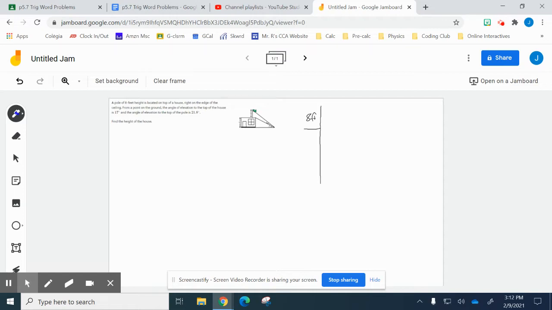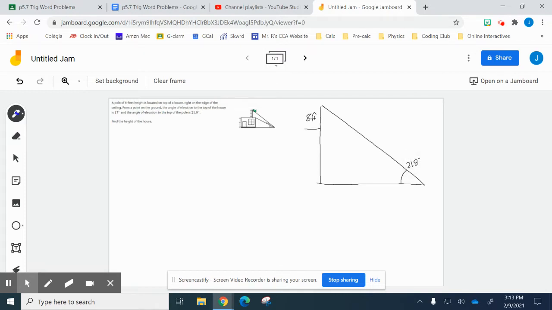If you're standing some certain amount of feet away, the angle of elevation to the top of the pole, that angle right there, is 21.8 degrees.